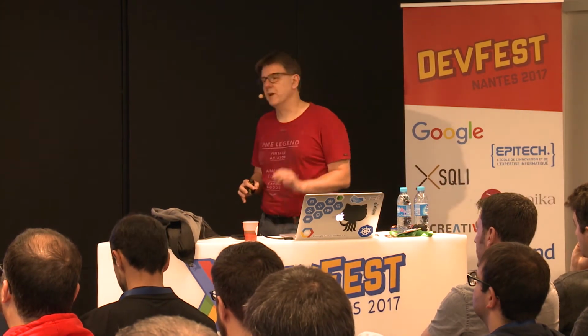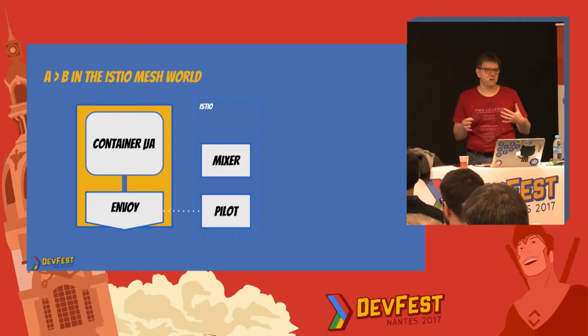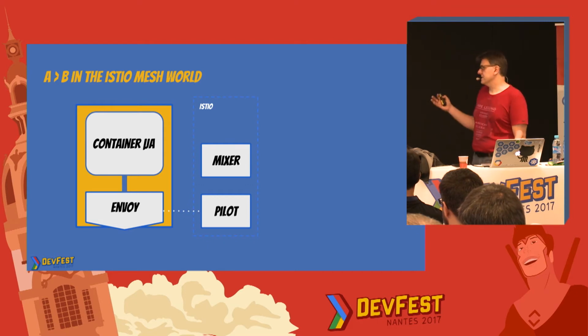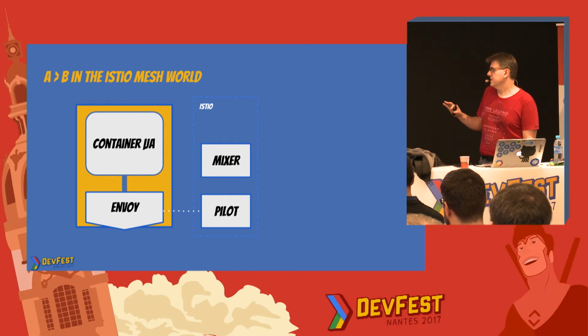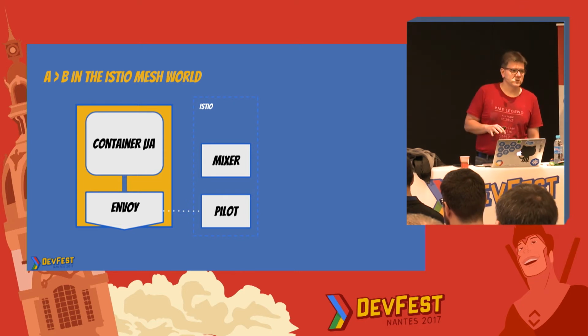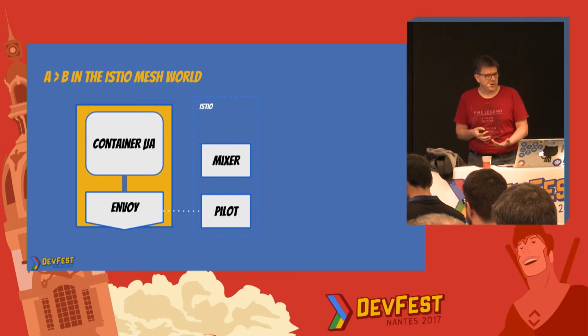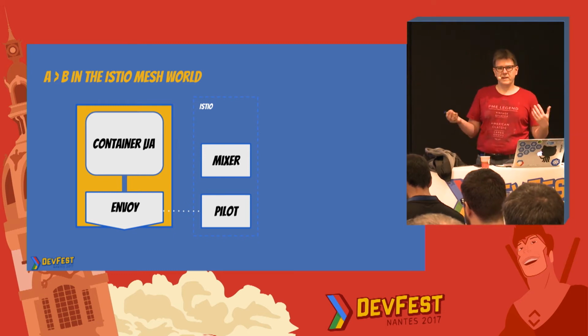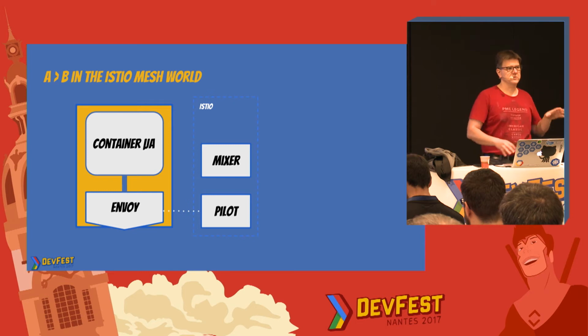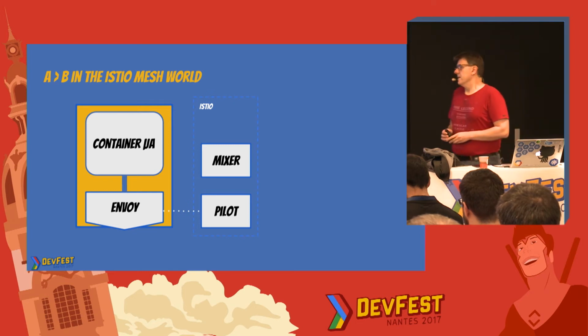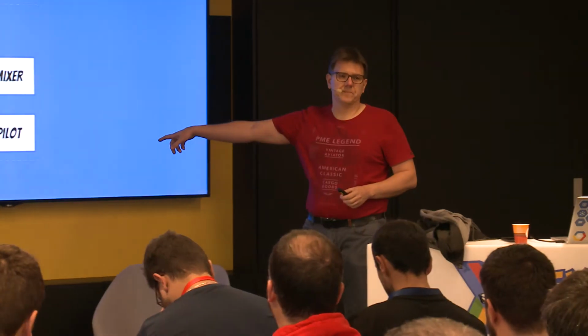So Envoy is a proxy, created by Lyft, but you still have a control plane, and there are two big parts: Pilot and Mixer. Pilot is a platform-independent part that will tell Envoy how to discover other services. It plugs into Kubernetes.